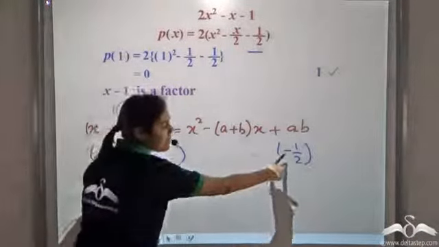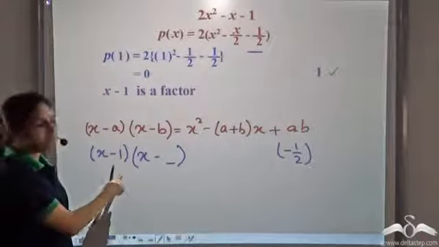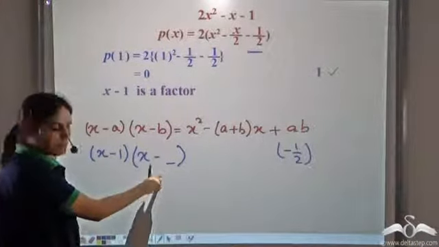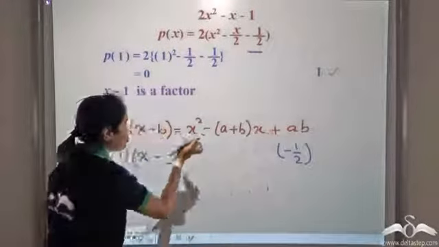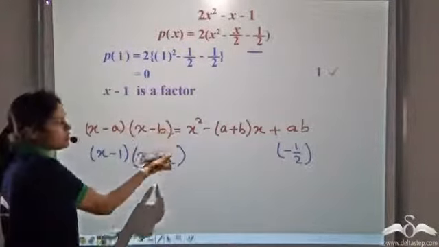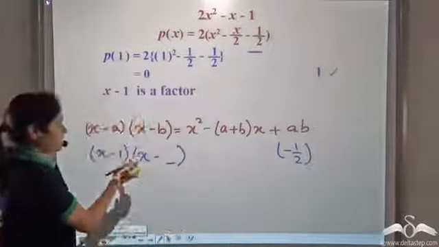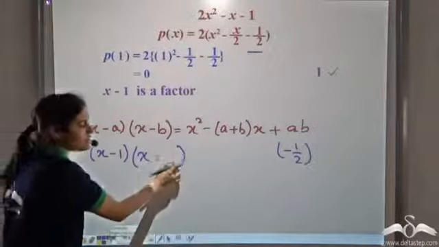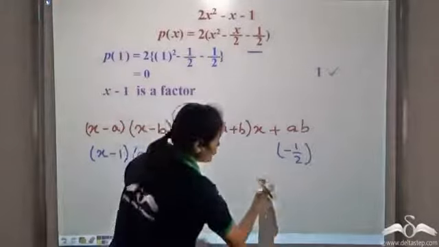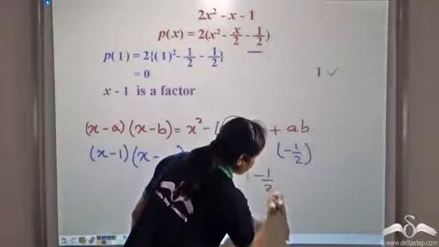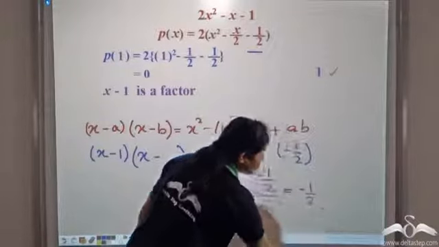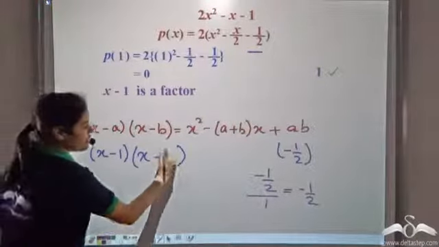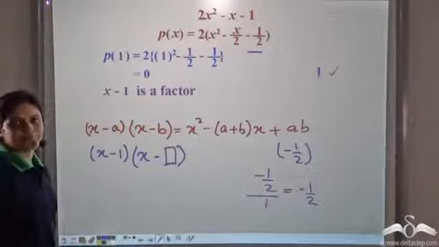So we have ab, we have a equal to 1, we need b. How can we get b? ab divided by a gives b. So negative half divided by 1 should give us this value. So negative half divided by 1 is equal to negative half. So we should have negative half here.